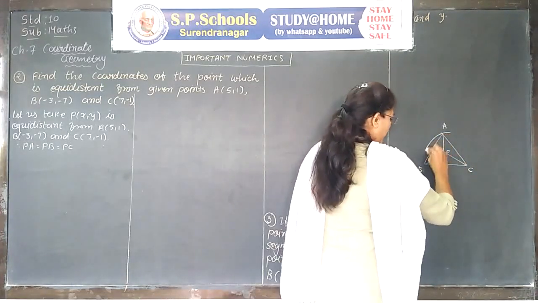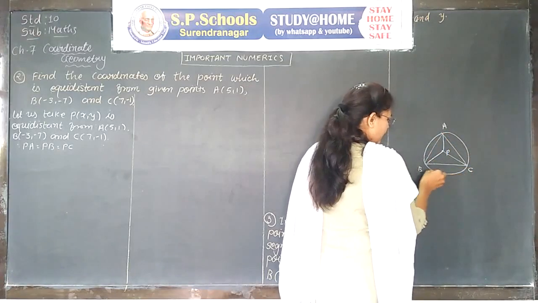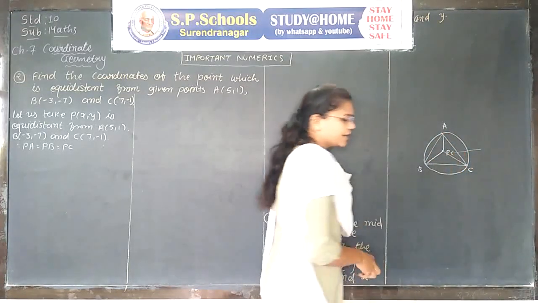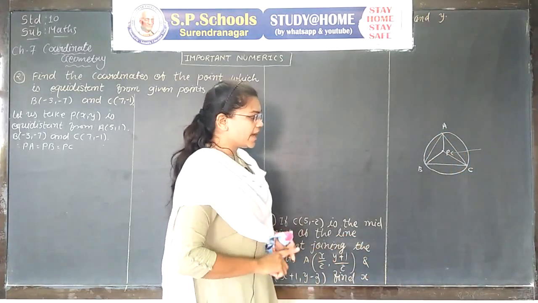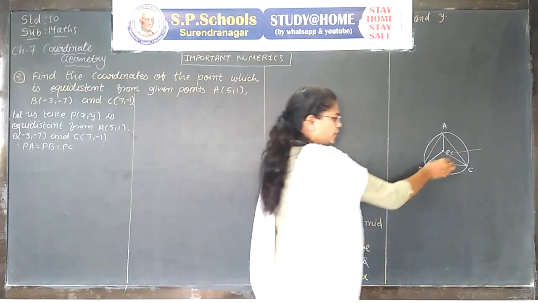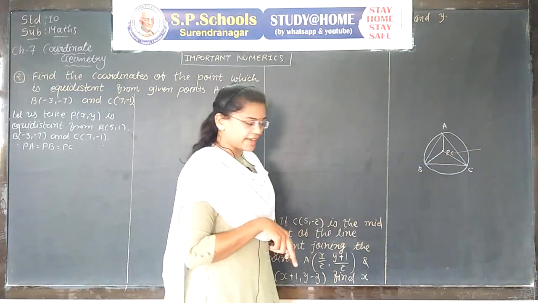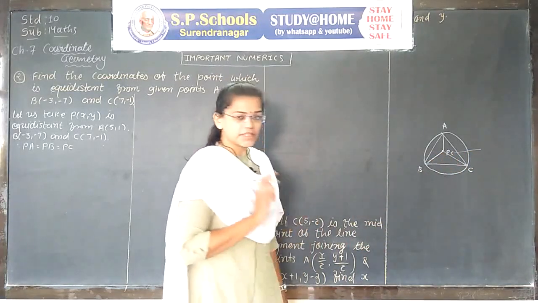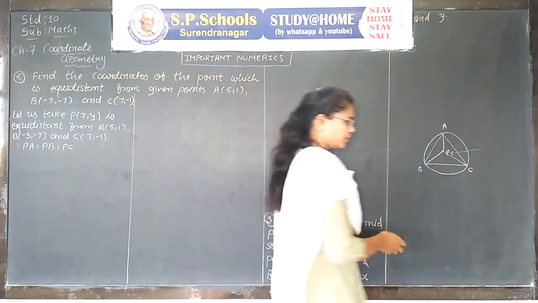One circle passes through points A, B and C. P is called the center of the circle, and PA, PB and PC are radii of the circle, but for the triangle, point P is called the circumcenter and PA, PB and PC are called circumradius. Keep in mind that.